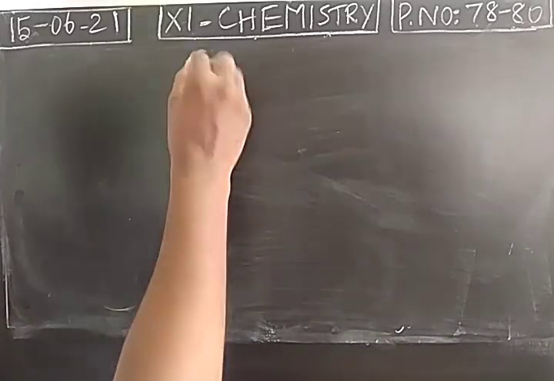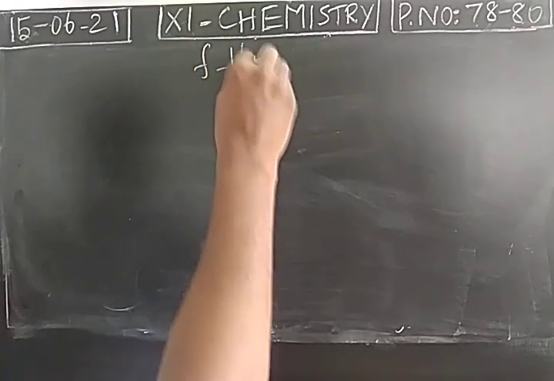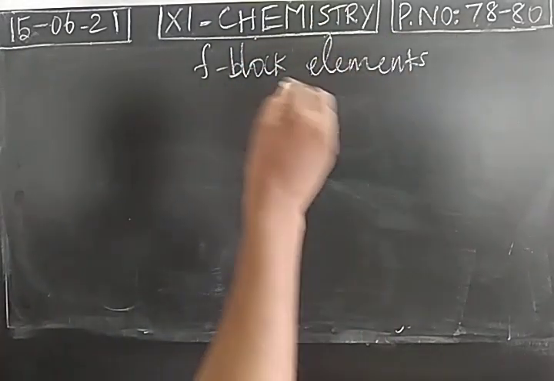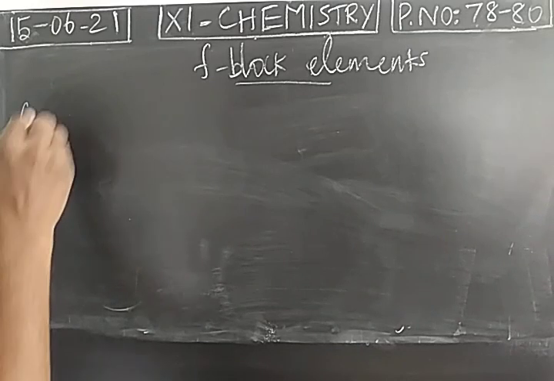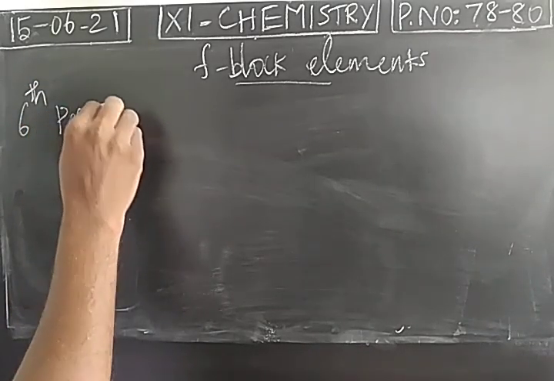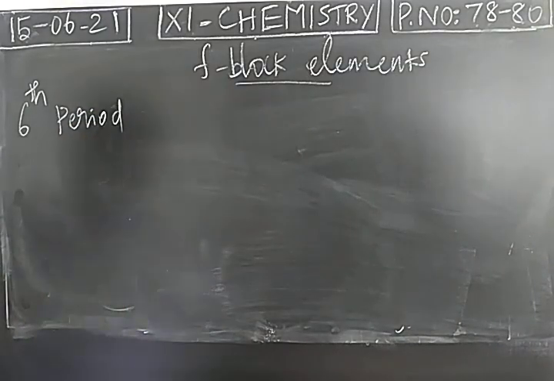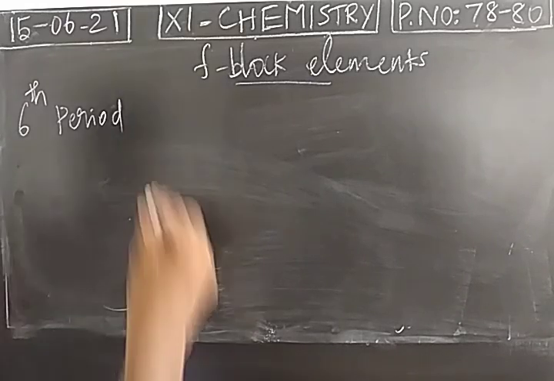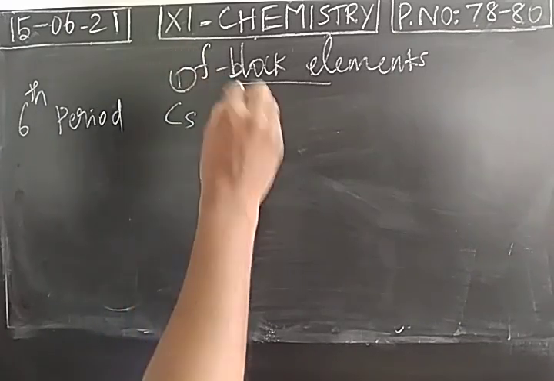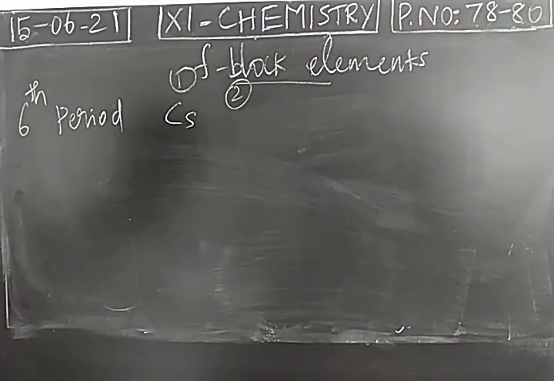Then what about F block elements? Take the sixth period. The first element is cesium in group number 1. The second element in group number 2 is barium.